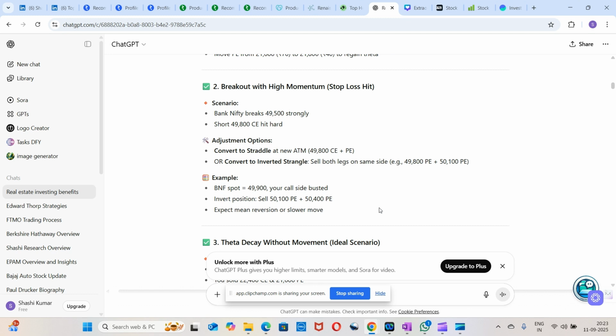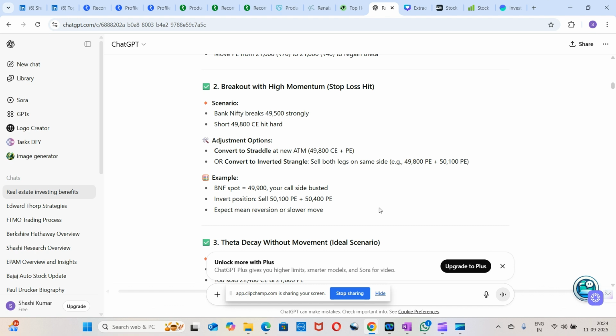Then what you do is you remove both legs that are there at 49,800, whatever out of money legs you have taken, like 49,800C you have taken, and probably you could have taken the other side.